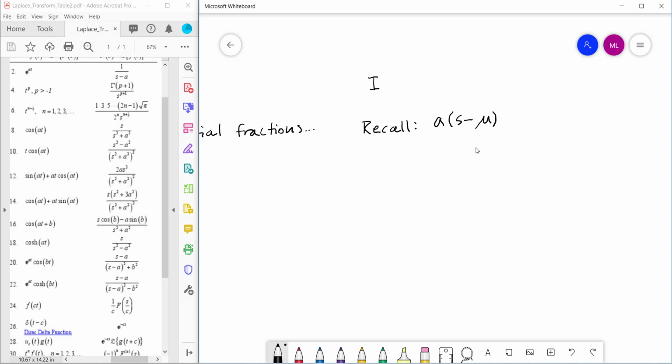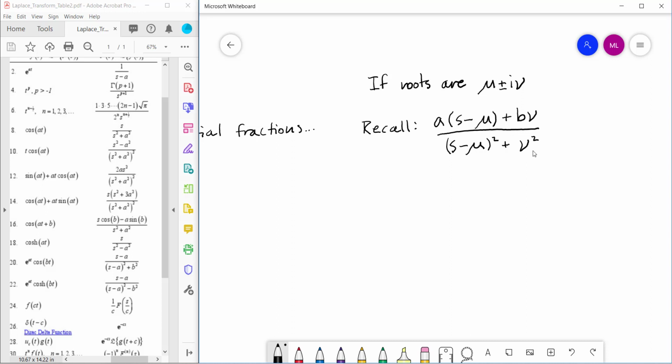So if the roots are, I think we did mu plus or minus i times nu, we would write it like this, plus b times nu over our completed square version down here. So s minus mu squared plus nu squared.